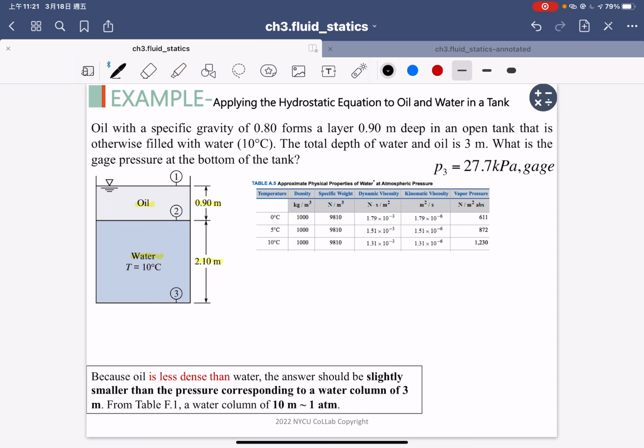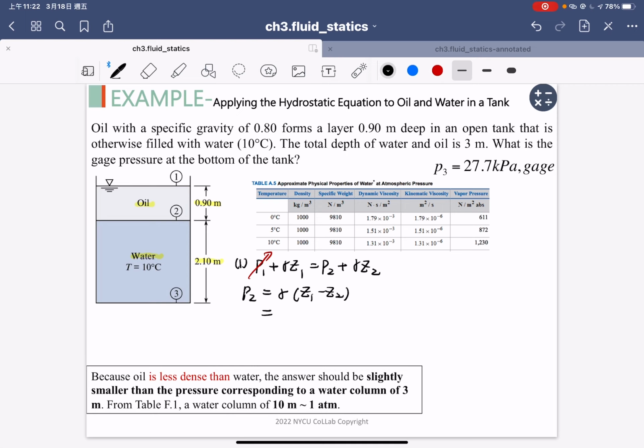So the first equation I use here is P1 plus gamma Z1 equal to P2 plus gamma Z2, right? And again, P1 is exposed to the air, so we don't have gauge pressure. So we can directly compute P2, which is again gamma multiplied by Z1 minus Z2.